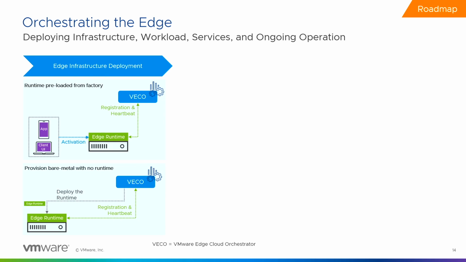So here we're basically saying, if you are looking at a greenfield deployment, a site that you're bringing up, or maybe hundreds of sites that you want to deploy apps on, from there you can enable the edge client inside of the VIB. Like I mentioned before, it can be shipped from the factory, or you can do it straight from bare metal.